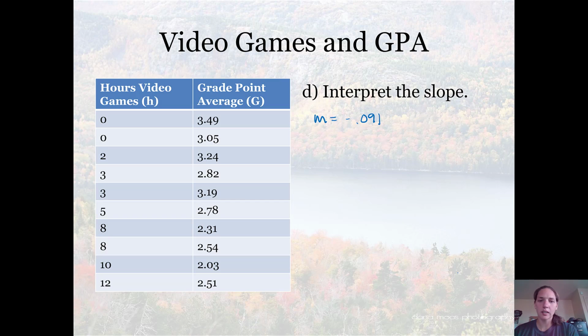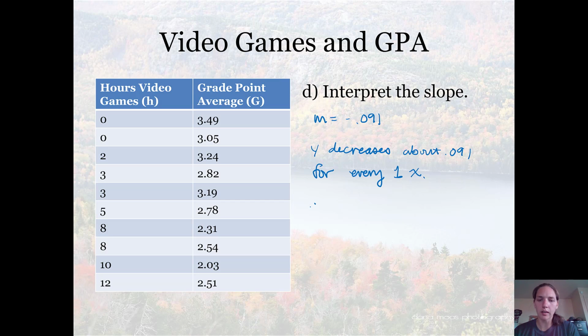That means that the y decreases about 0.091 for every one x. But what are x and y in this case? X is the number of hours playing video games, and Y is the GPA.